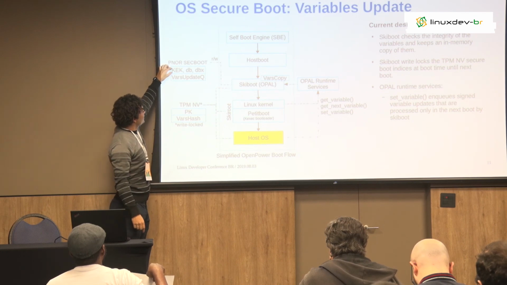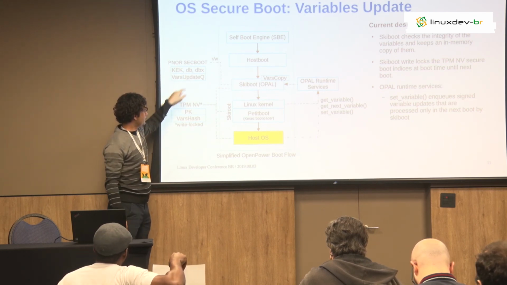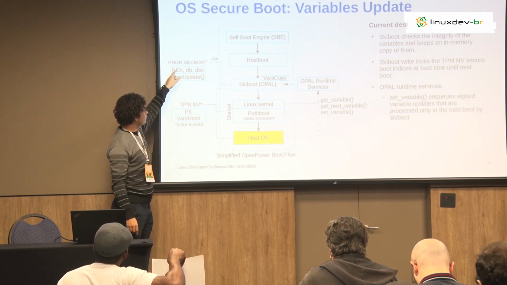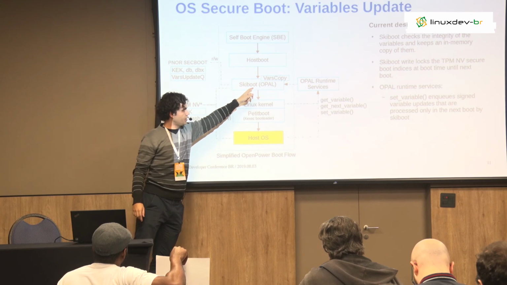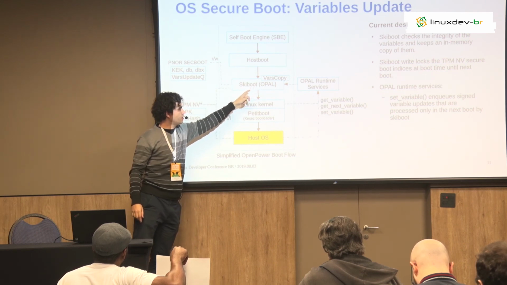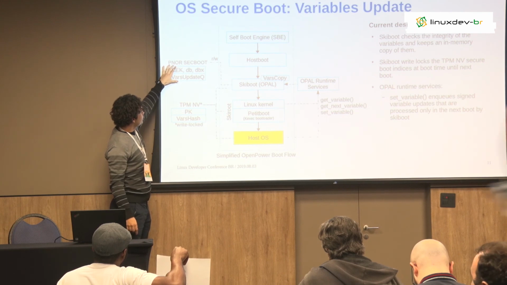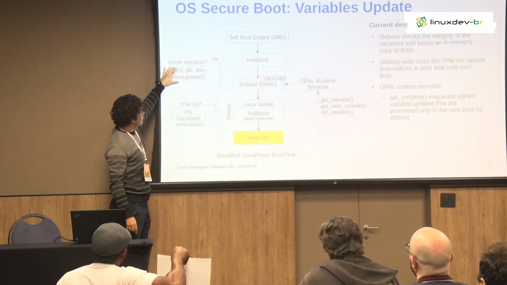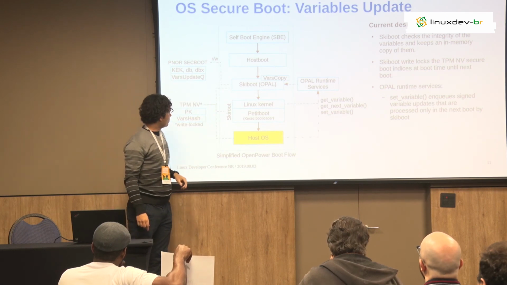I need to integrity check that the hash of these keys matches this one, and if so, I can use them. I load them into a cache, a copy here, so that I'm not exposed if anybody changes this memory, because it's unprotected.